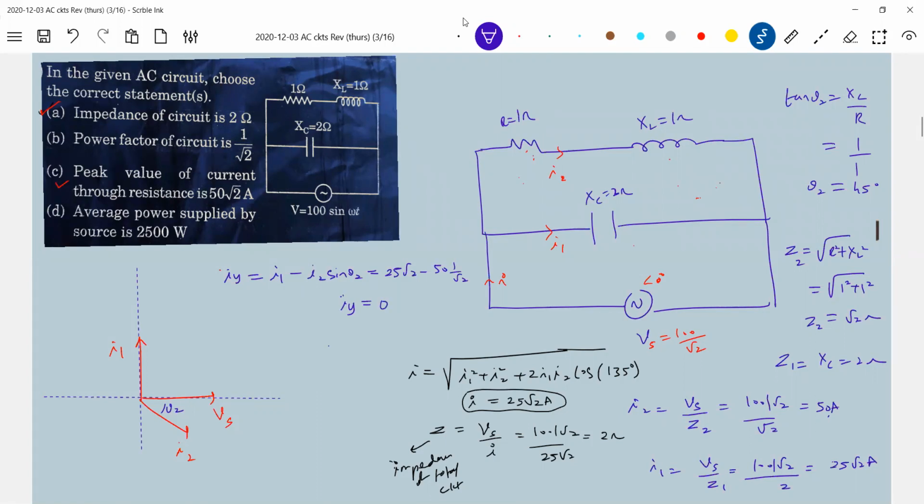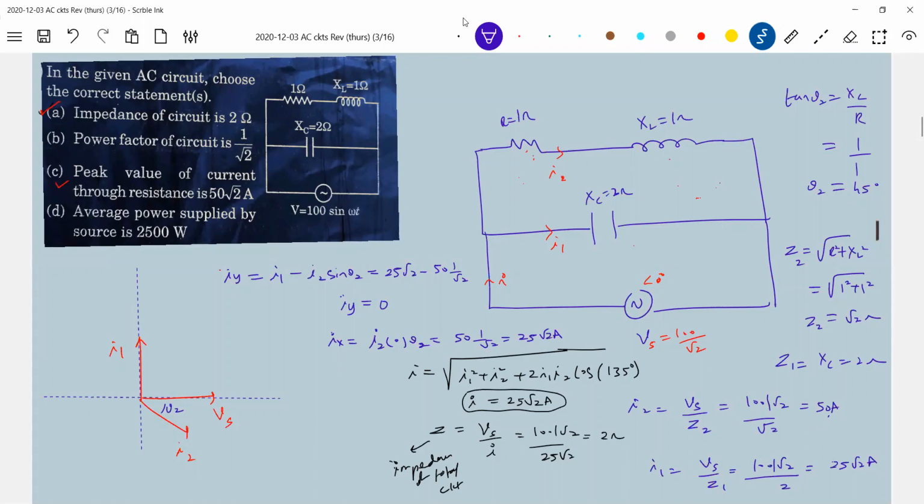Zero will come. Ix will be I2 cos theta 2. I2 is how much? 50, so 25 root 2 ampere. So what is the angle here? It will be zero.